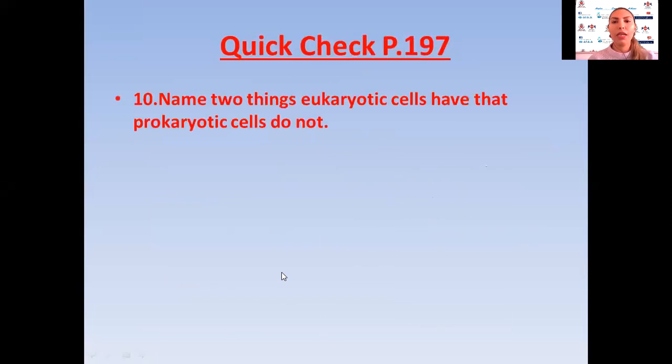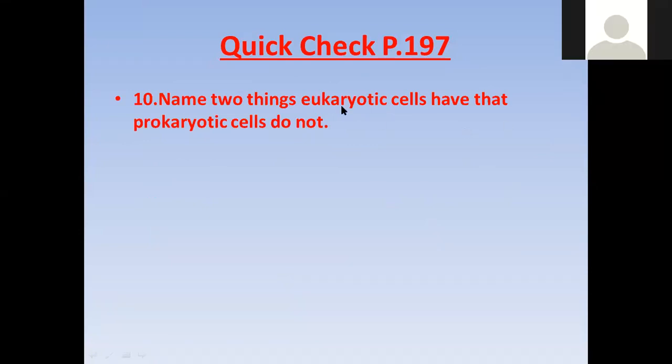Now a quick check, page 197. Name two things eukaryotic cells have that prokaryotic cells do not. Two things found in eukaryotic cells and not found in prokaryotes. So, Julie.